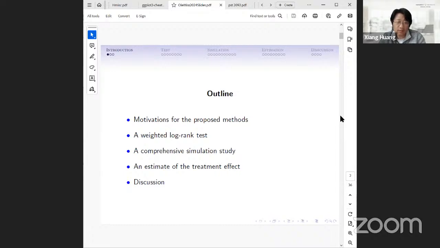Then we will conduct a comprehensive simulation study to compare our proposed method with the existing standard log-rank test and other weighted log-rank tests. Also we want to talk a little bit about how to estimate the delayed treatment effect.